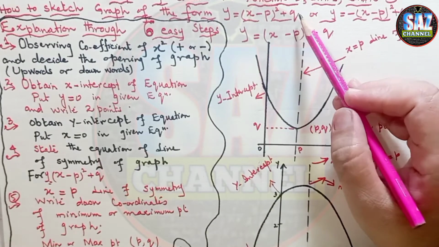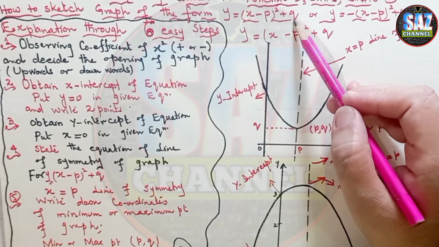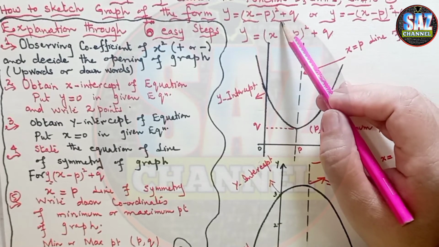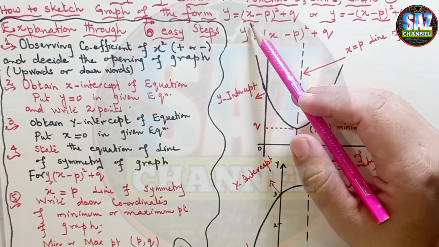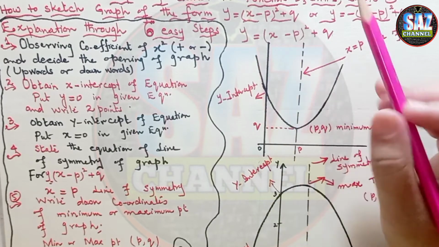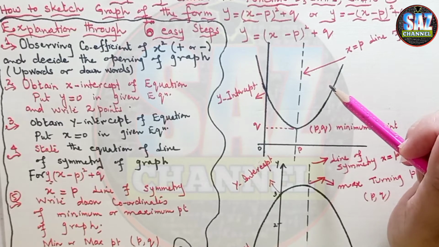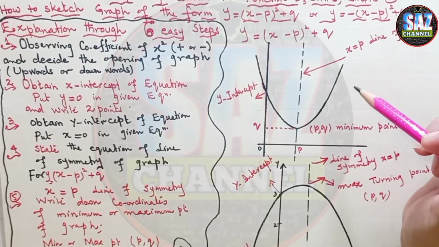That indicates that the equation cannot be factorized easily by mid-term breakage, and we have to apply completing square method to express that equation in perfect square form. So in this lesson we'll be learning how to sketch the graph of this type of quadratic equation.